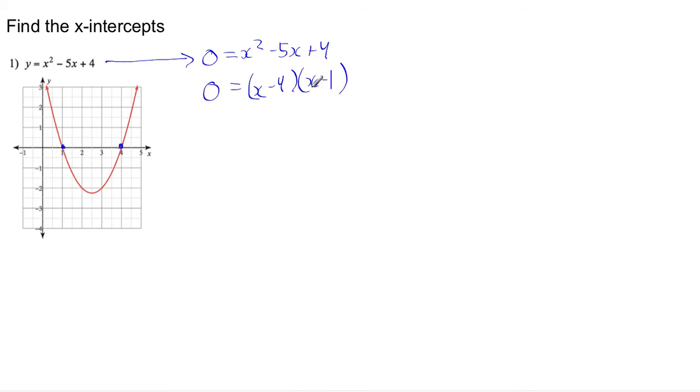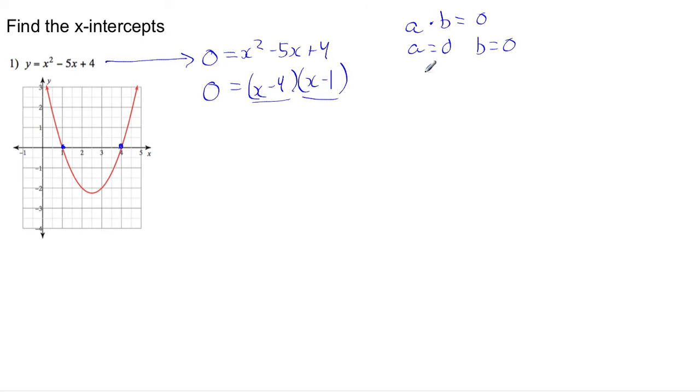Well, now what? Well, notice these factors are being multiplied. Let's say I have a times b, and that equals 0. What must be true? Either a equals 0 or b equals 0. Because whenever I multiply something by 0, I'm going to get 0.